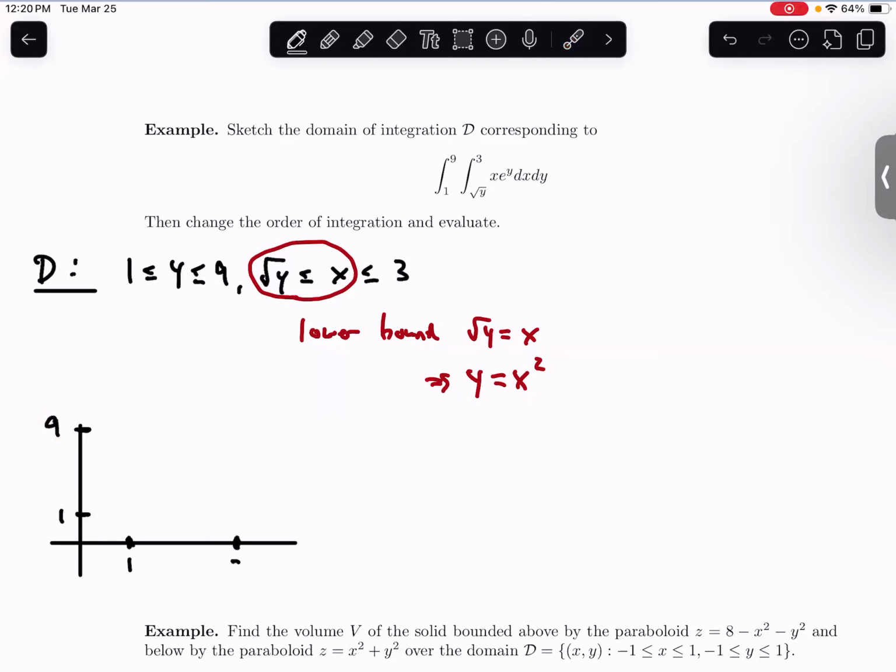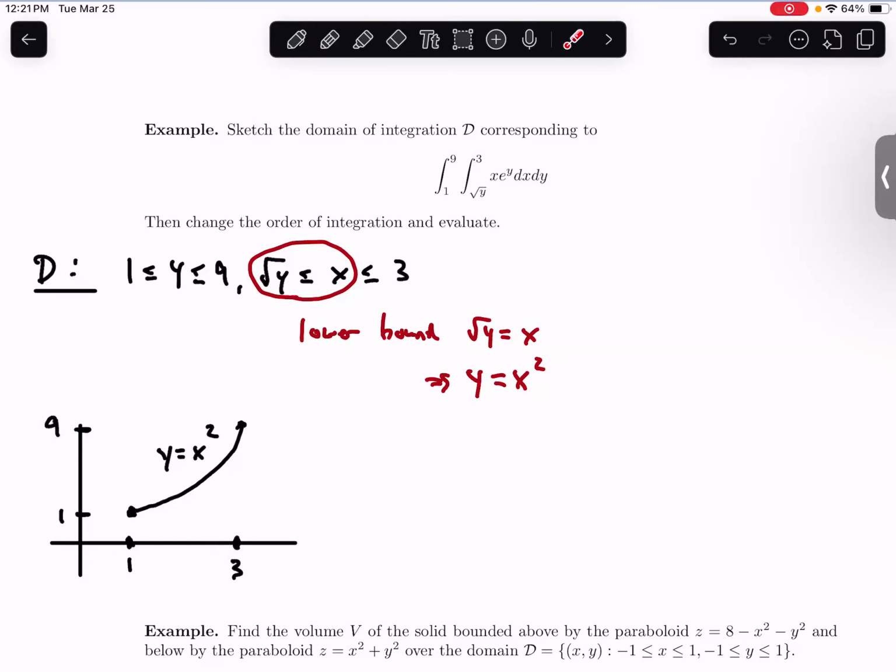This will be a little bit off, but now we can draw the following curve. I'm just drawing the curve y is equal to x squared. So we have this curve here, and we're pretty much almost done in sketching the domain of integration.